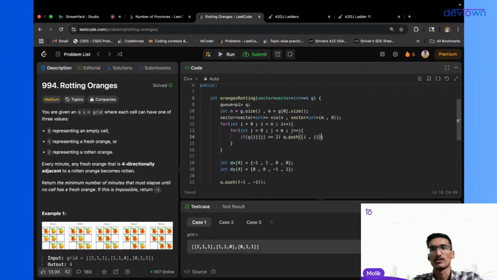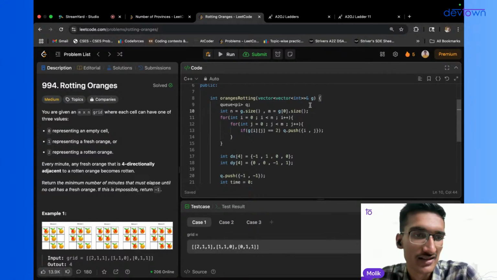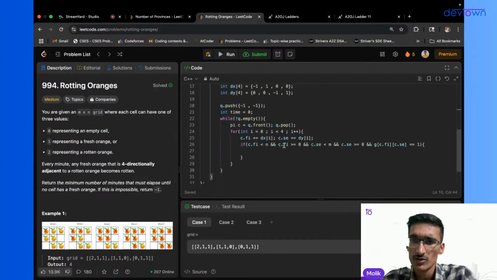We don't need a visited array here. We're already given an array G, representing oranges. We just need to go to a fresh orange, right? There is no point of going to a rotten orange because it has already been rotten, and there is no point of going to an empty space because there is no orange there. So we can just go to a fresh orange.